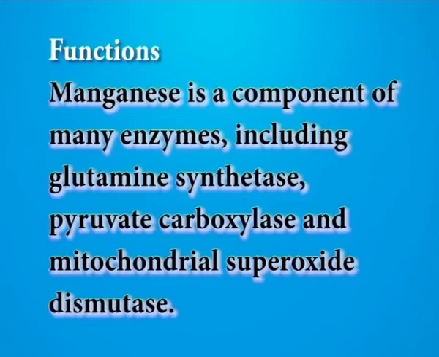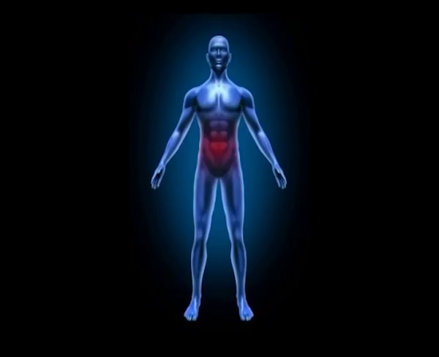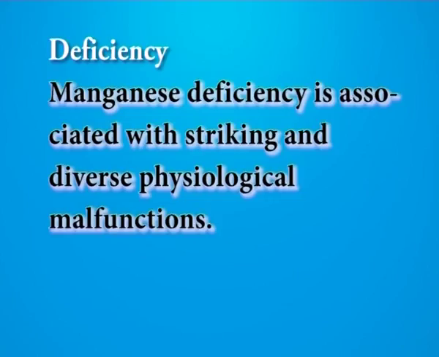Functions: manganese is a component of many enzymes including glutamine synthetase, pyruvate carboxylase and mitochondrial superoxide dismutase. Manganese is associated with the formation of connective and skeletal tissues, growth and reproduction and carbohydrate and lipid metabolism.